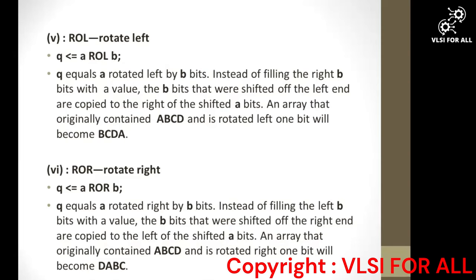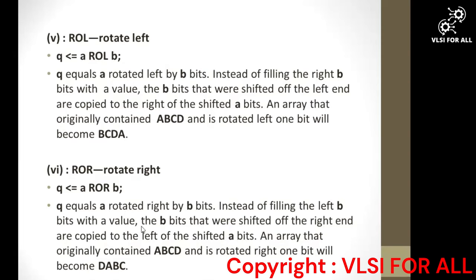Like here, A B C D is rotated left by 1 bit, then B will come at the position of A, C will come at the position of B, and D will come at the position of C. So the position of D is vacant, so now A will come at the position of D, so it will become BCDA.